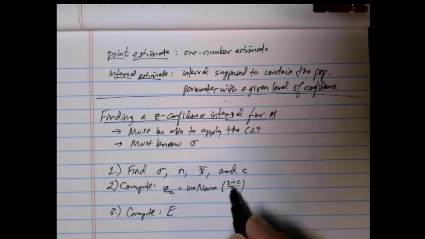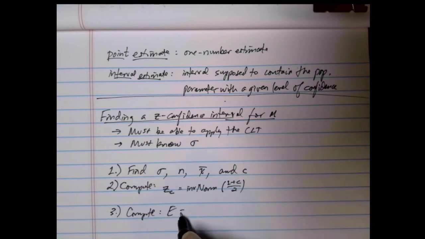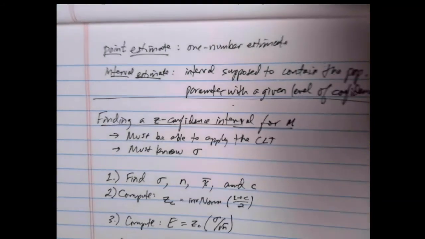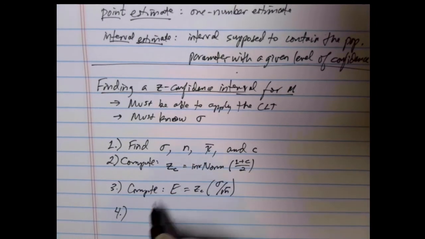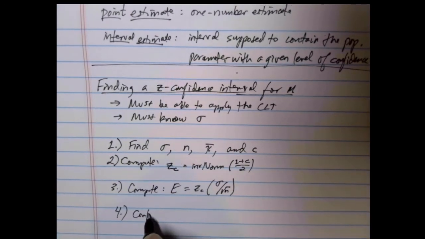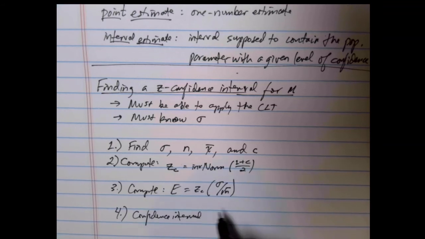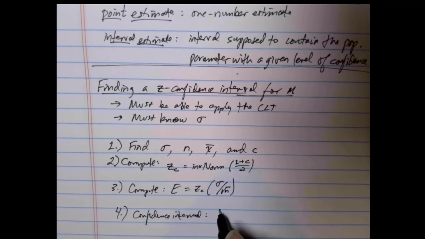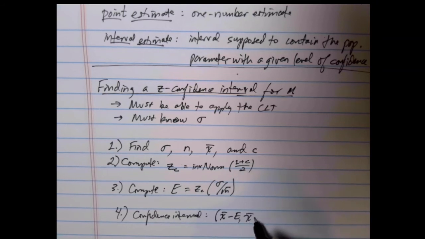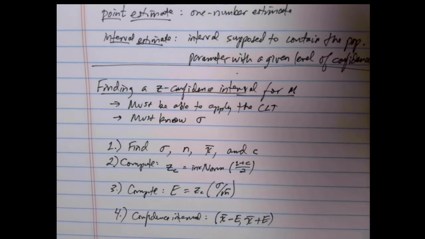Now that you have the critical value, you can compute the margin of error, E. It's just z sub c times sigma over the square root of n. And then four, the confidence interval for confidence level C is just the interval x bar minus E to x bar plus E. That's it.